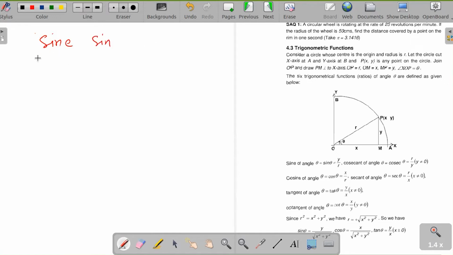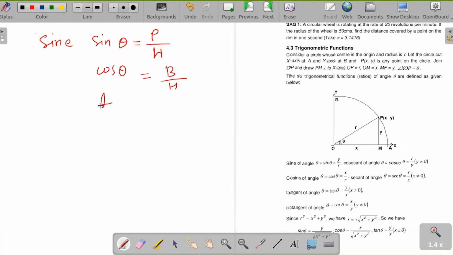So skipping the long terminology, I'm writing the short versions: sine of theta is always perpendicular by hypotenuse, and then cos of theta, cosine in long, is always base by hypotenuse.